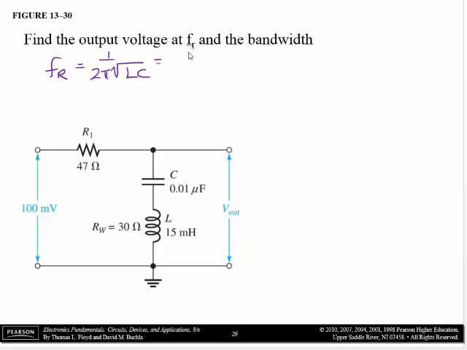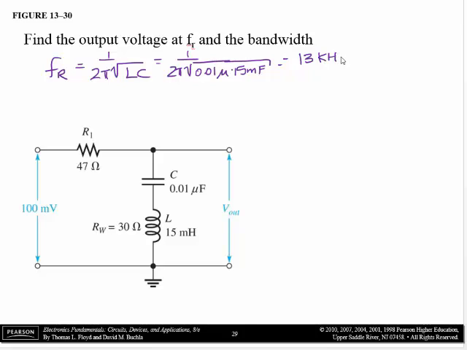So I plug in my numbers, 1 over 2 pi square root of 0.01 microfarads times 15 millihenries. Make sure you fix your units right there, and you will get 13 kilohertz.